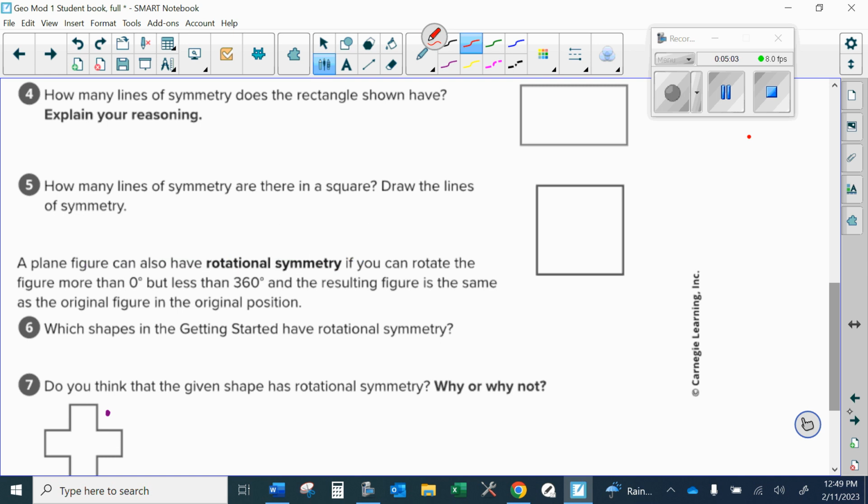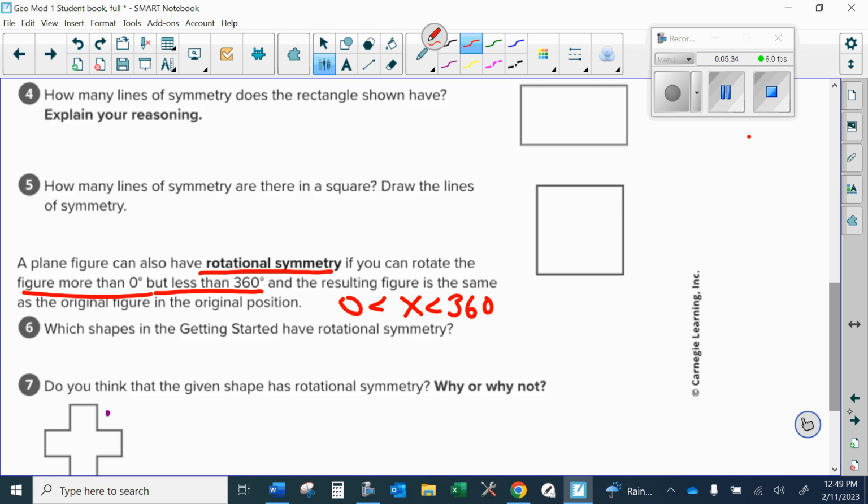A plane figure also has rotational symmetry if you can rotate the figure more than 0 degrees, so that means it does not include 0, but less than 360, and the resulting figure is the same as the original in the original position. So between 0 and 360 degrees are my only possibilities. It does not include 0 and 360. This is a DCAS question as well. They're always going to deal with regular polygons, or a circle would have an infinite amount, but regular polygons.